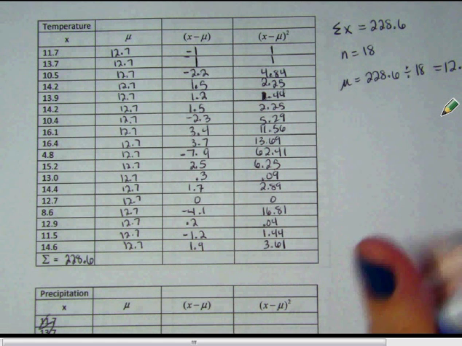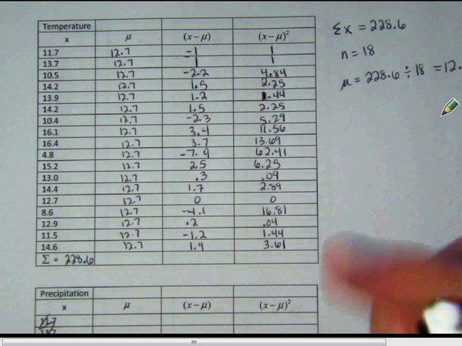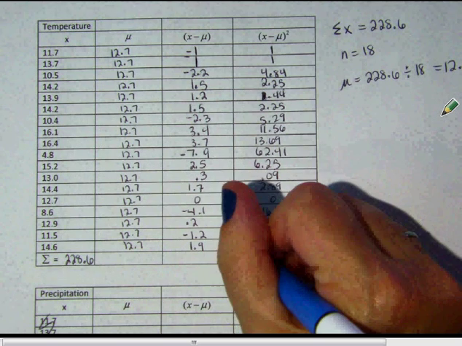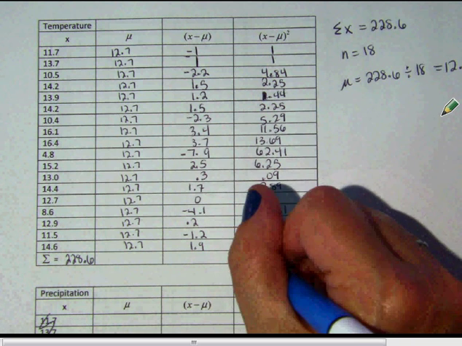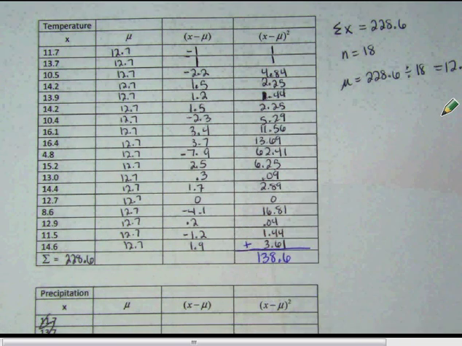Then I add up this whole list of squares, and the sum of this whole list right here is 138.6.